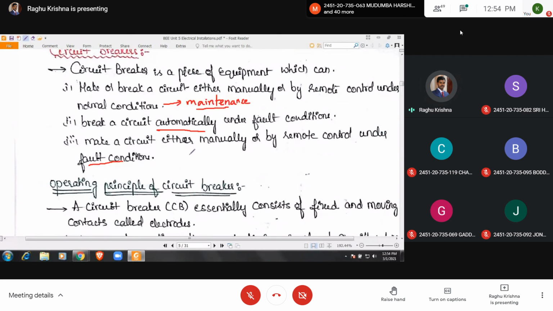About 90% of the faults are temporary. So we close the circuit, and if the fault occurs again and the circuit breaker opens again, we check, because 90% of the faults are temporary.